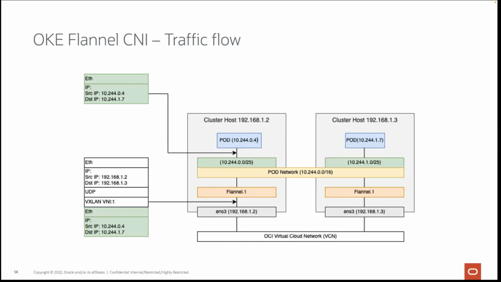So let's say your application environment requires you to not use an IP address from the VCN CIDR block, like we saw in the previous example, or the use case is that you require a high density of pods per worker node. Then using the Flannel CNI is more preferable.